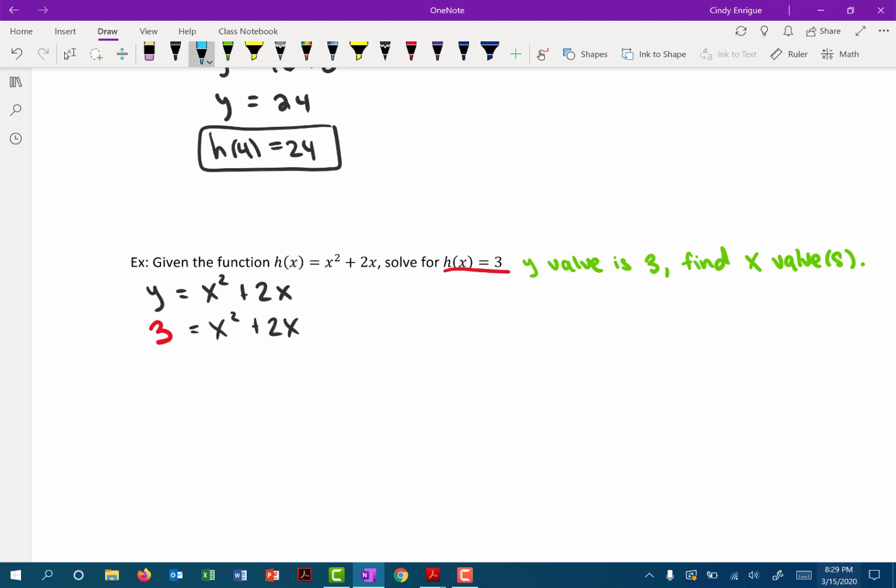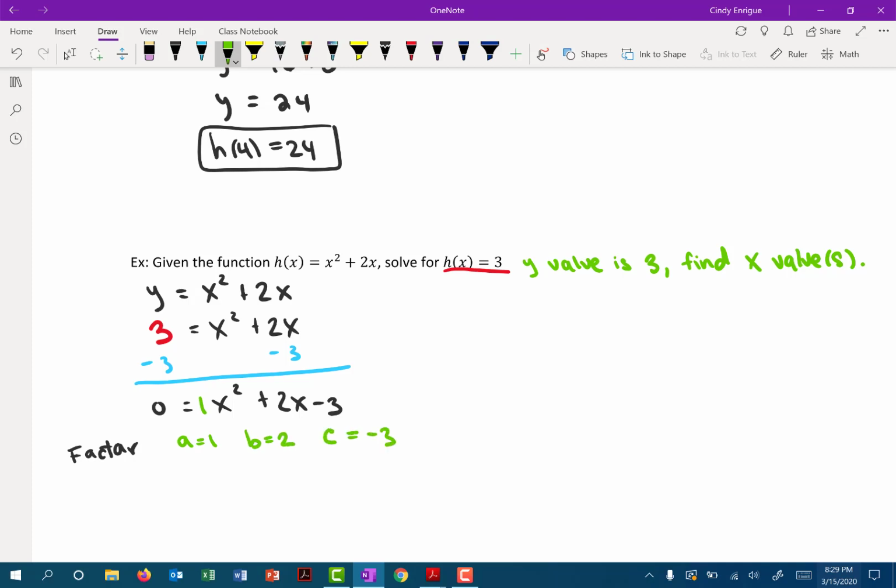So what I'm going to do is subtract 3 from both sides. I want to get it to equal 0. So from here, I know that I can factor. Hopefully you remember that my a is equal to 1, my b is equal to 2, and my c is equal to negative 3.